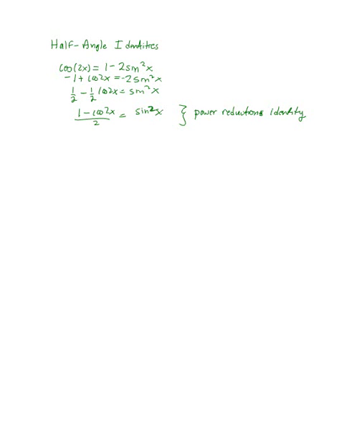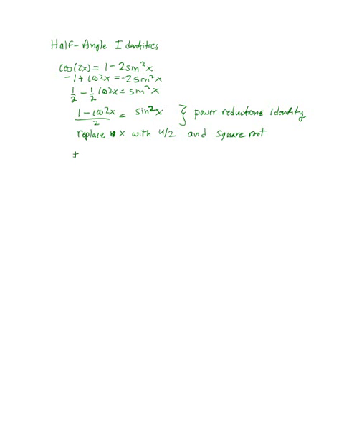But what we're going to do is use the half-angle identity. So we're now going to replace x with u over 2 and square root both sides.